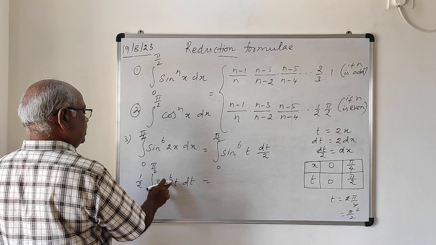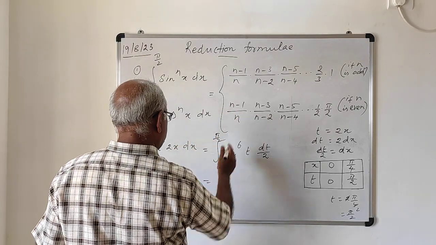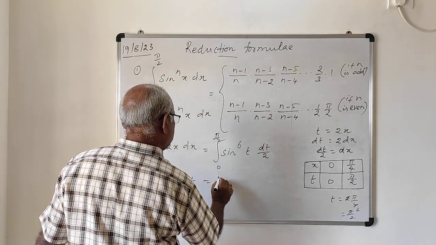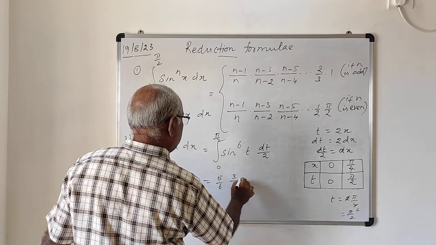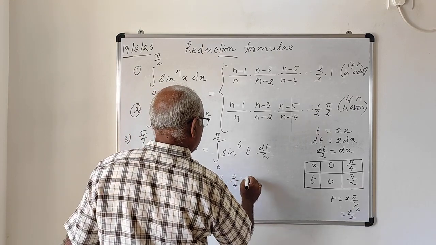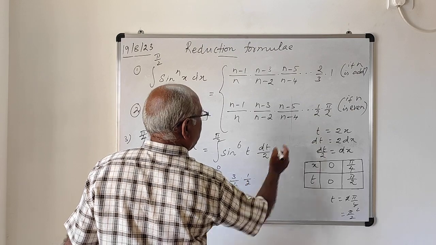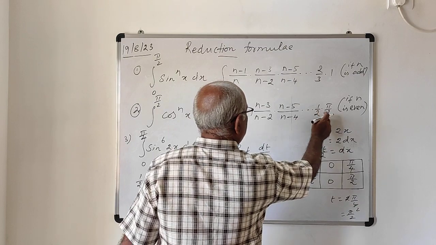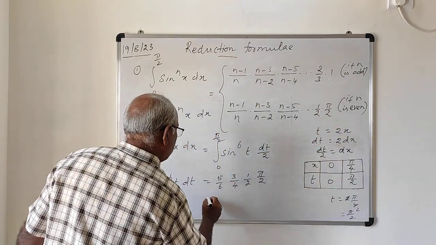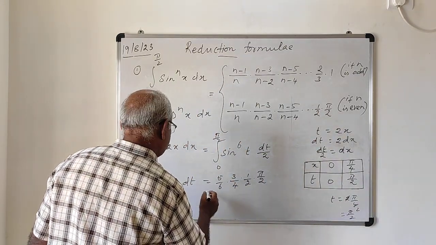Here 6 is even, so n minus 1, 6 minus 1 is 5/6, 5 minus 2, 3/4, 3 minus 2, 1/2, into pi by 2. If n is even, this is the result. Therefore, our simplification will give the answer.